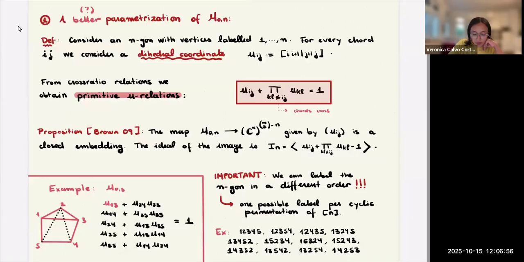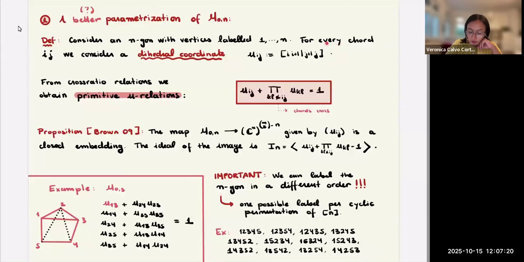One way to do that is to consider what I will call the dihedral parametrization of M_0,n. For this, we are going to consider an n-gon labeled with vertices 1 to n. For every chord in this n-gon, I am going to consider a dihedral coordinate, which will just be a special cross ratio.